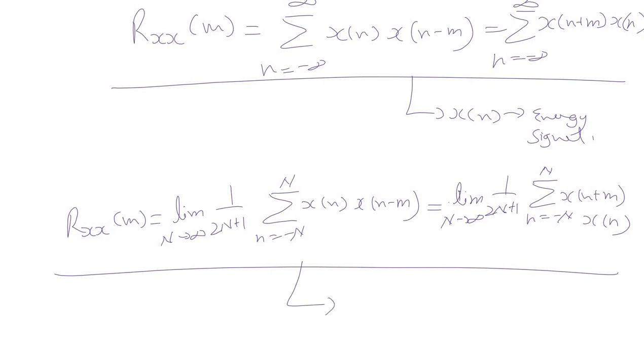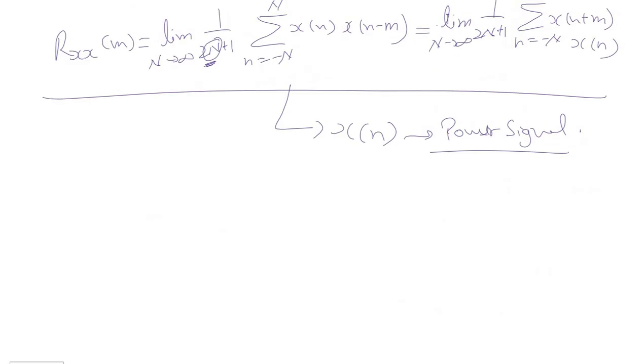This is when x(n) is a power signal. And this capital N is the period, because it's a power signal, so obviously it will be a periodic signal, and this capital N represents the period of the signal.